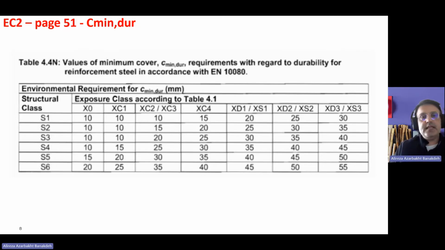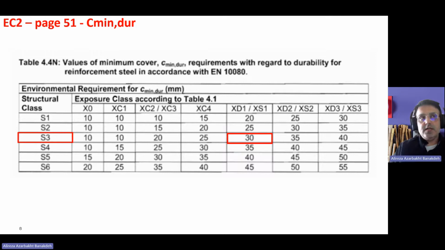And if you go to the next page of the Eurocode, page 51, you have the next table, Table 4.4N, and for your structural class, which is S3, and also for your exposure class, which is XS1, given by the example, you will come up with Cmin,dur equal to 30 millimeter.